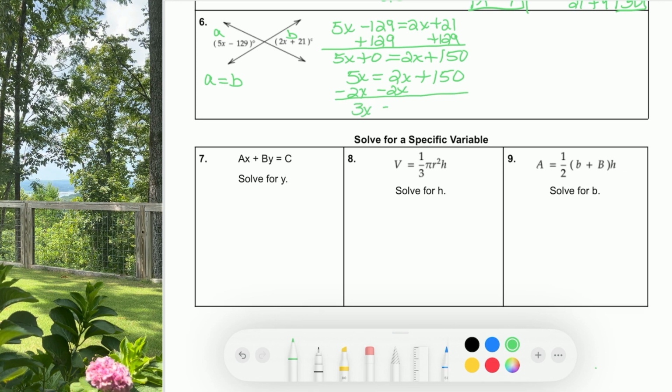I end up with 3x equals 0 plus 150. I'm going to rewrite it up here. 3x equals 150. Divide by 3 on both sides. And I get x equals, let's see here, 50.